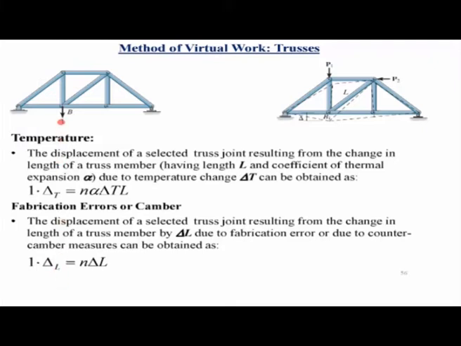So here, if the joint deflection at this joint B is required due to a fabrication error in this member and the fabrication error is delta L, what we do is we apply the unit virtual load, calculate the member force in this member due to the applied unit virtual load, and so that is N, so that times delta L would give you the deflection of this joint.